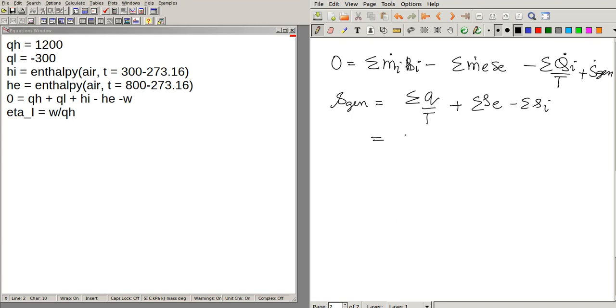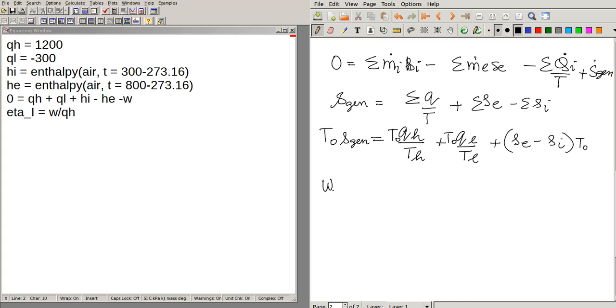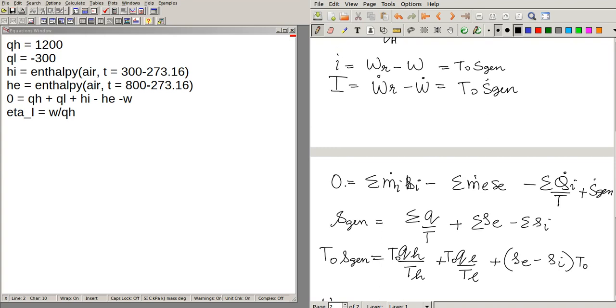In this case, this will be Q_H by T_H plus Q_L by T_L plus s_e minus s_i. So if I do T0 into s_gen, this will simply be multiplied by T0. So W reversible, if we look at this particular formula, will be W actual plus T0 into s_gen.